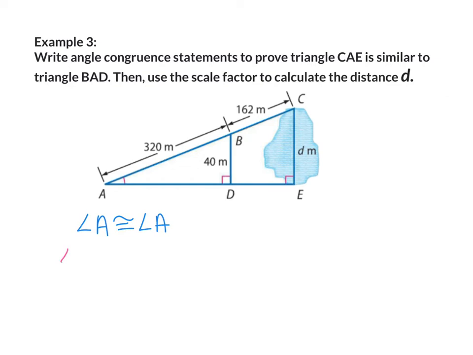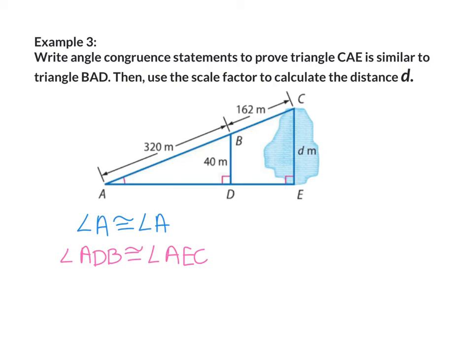So I'm going to write angle ADB is congruent to angle AEC. Now since two angles are congruent, that means these triangles are similar.